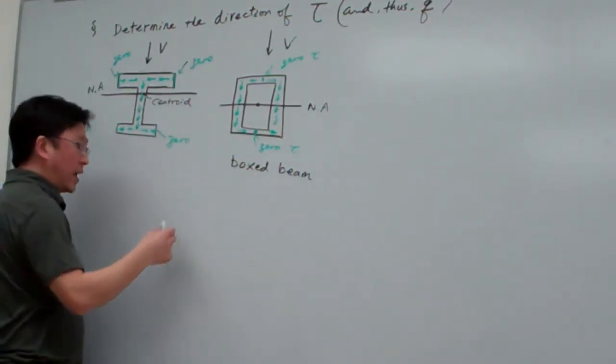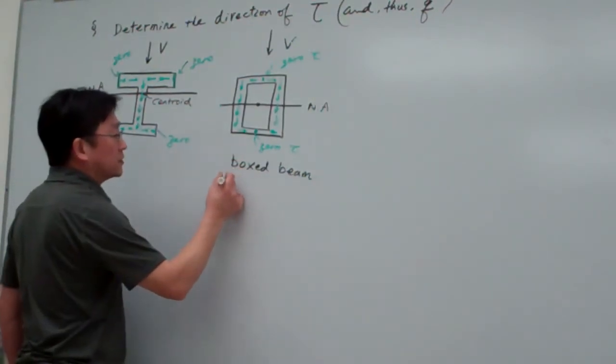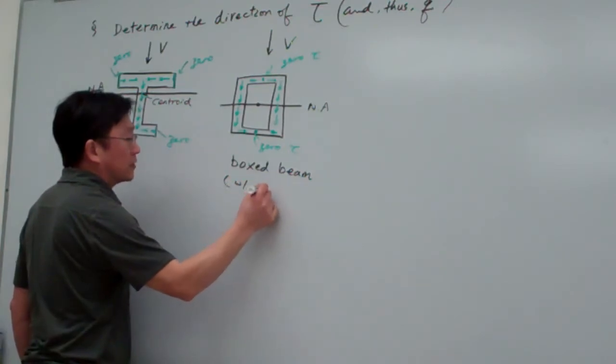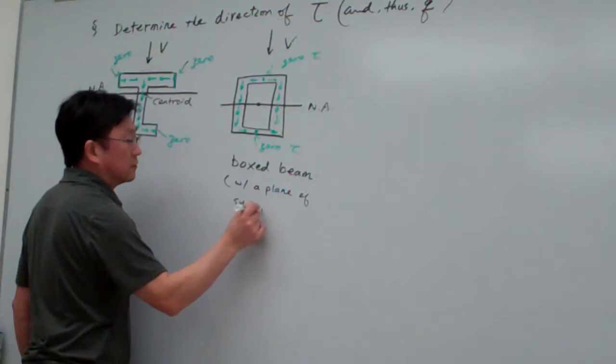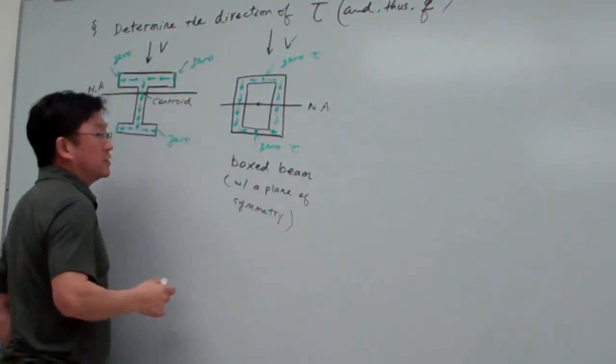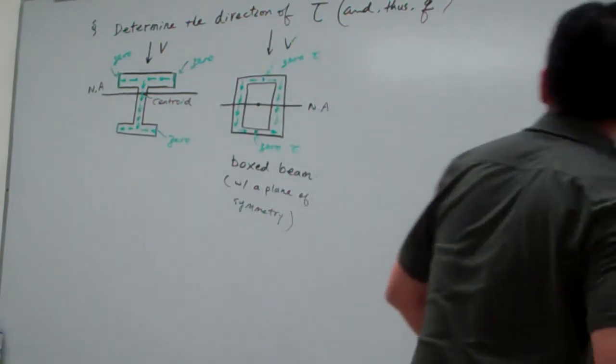Assuming the box beam is symmetric, this has a plane of symmetry. Let me draw the principal axes for this case.